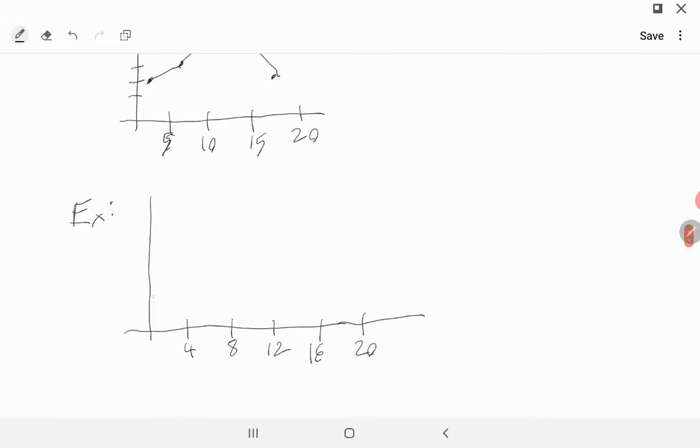And then we had a histogram, have the frequencies go up to 12, so we could have 0 to 4 goes up to 3, then 4 to 8 we might put at 5, 8 to 12 we'll put at 11, 12 to 16 we'll put at 8, and 16 to 20 we'll put at 4.